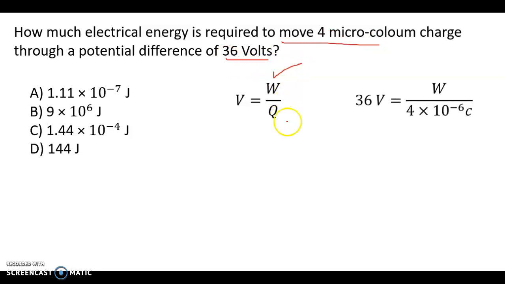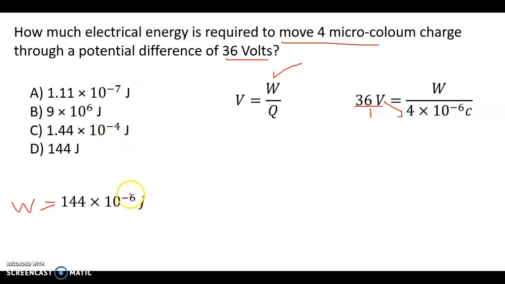Be careful. 36 volt equals work over 4 times 10 to the negative 6 Coulomb. Now cross multiplication between both of them. 36 times 4, you could write it over 1. 1 times work, so work equals 36 times 4, 144 times 10 to the negative 6, and it becomes joule.